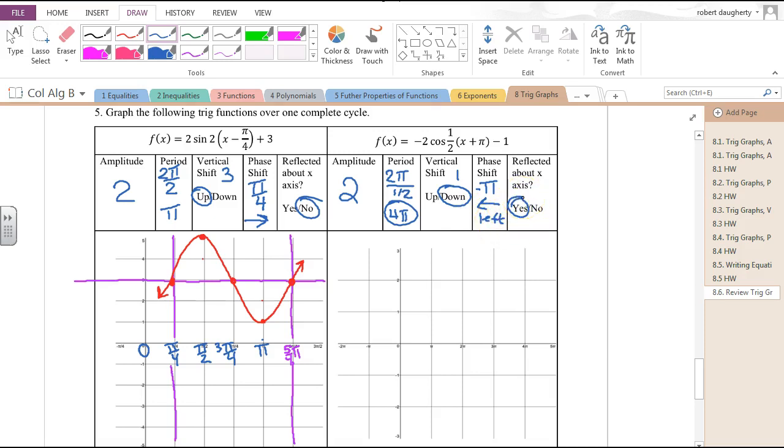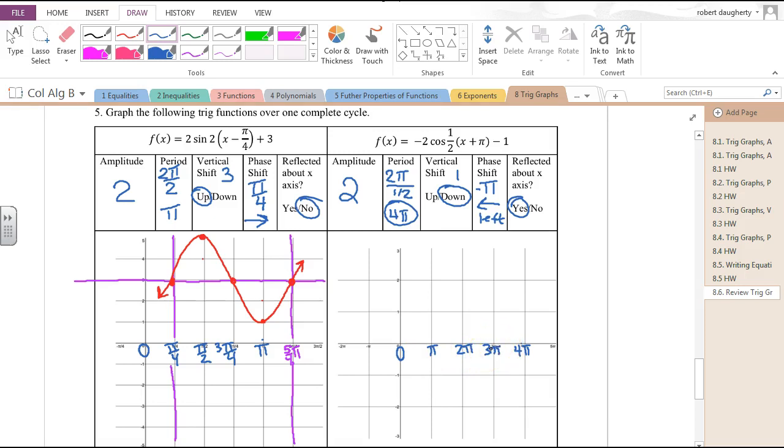Yes, it has. So to graph all of these, starting at 0, the period is 4 pi, so 0, 1, 2, 3, 4, this is 4 pi. That means halfway there it's 2 pi, that's pi, and that is 3 pi.